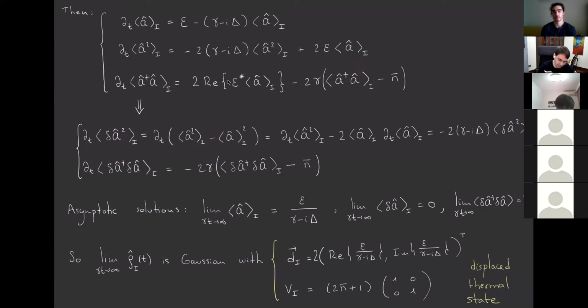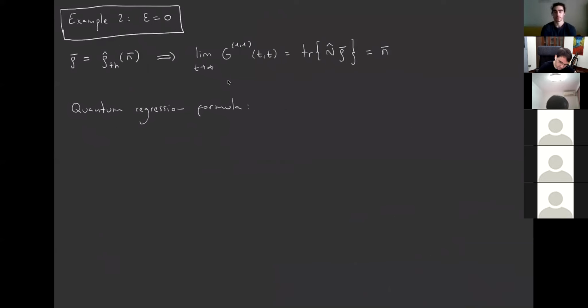So then let me go back to where we are. And in particular, what I have just shown you is that the time derivative of the expectation value of the number operator is equal to 2 gamma times the steady state number of excitations minus the number operator.